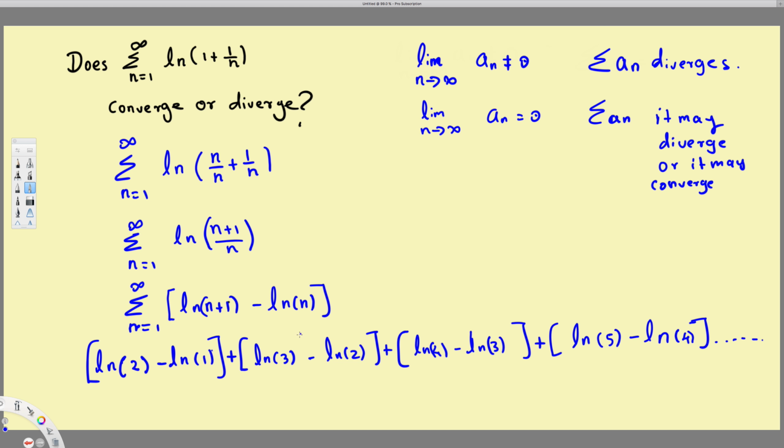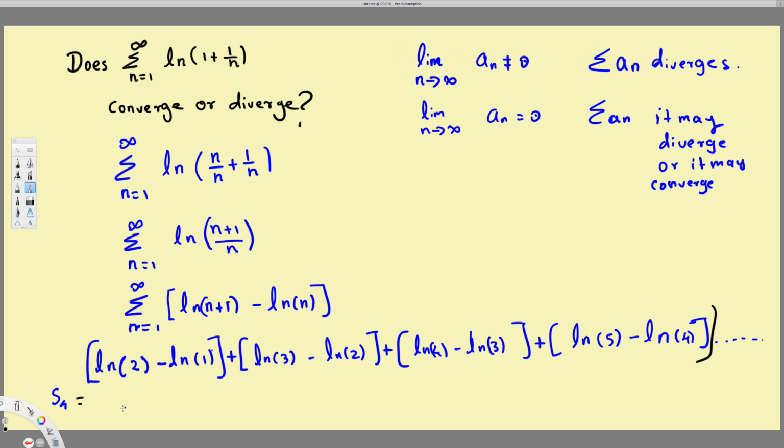Let's look at some values. For example, if I take S4, meaning 4 terms, it ends at n equal to 4, so 4 plus 1, that's 5. It ends exactly right here. Let's do the summation.